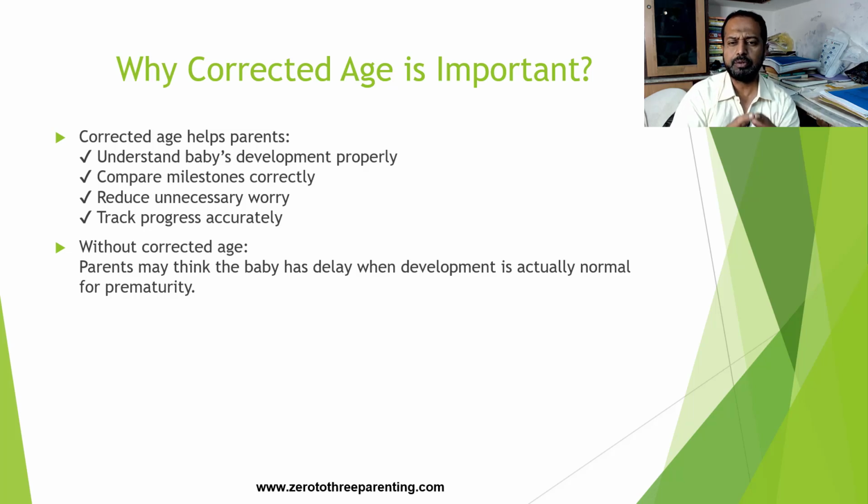So parents are going to worry about why my child is delayed, why my child is not able to perform this activity. Questions like that will arise. If you calculate the corrected age and then do the proper developmental assessment, most of the children are going to perform the activities or milestones at the corrected age.